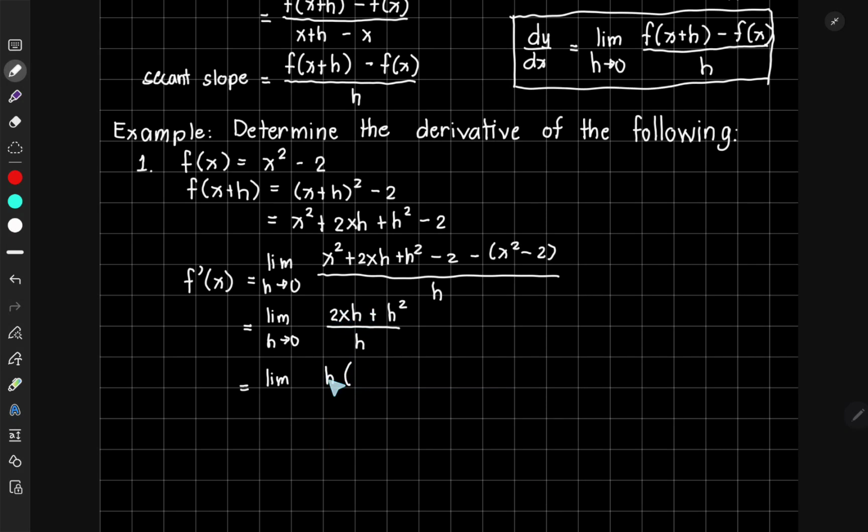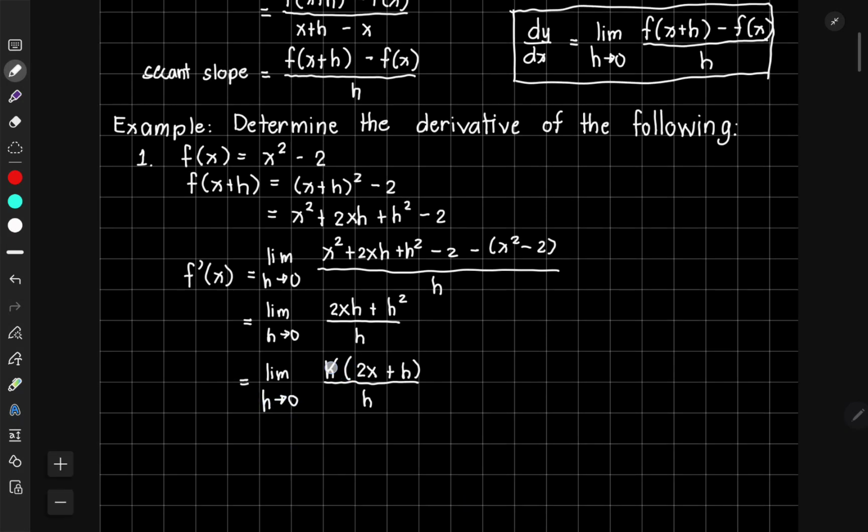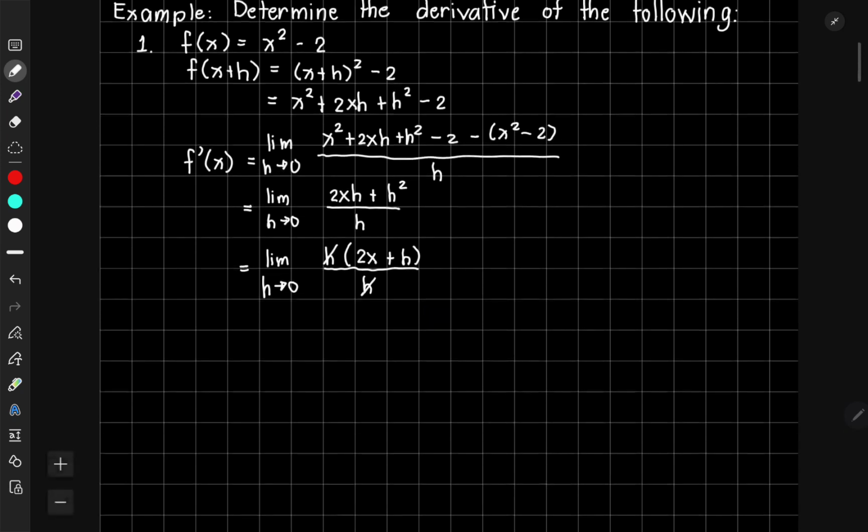So 2x h divided by h, magiging 2x lang yan. So plus, ito naman, ilabas natin yung isang h. So h na lang yan, divided by h as h approaches 0. So yung h dito and h for that magka-cancel out. So yung natira na lang would be the limit of 2x plus h as h approaches 0.